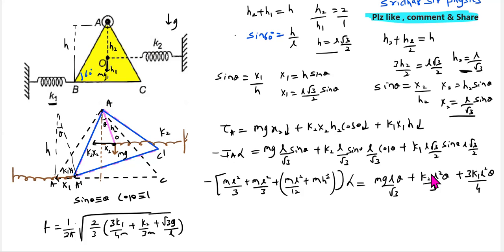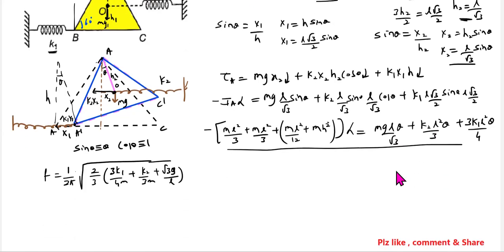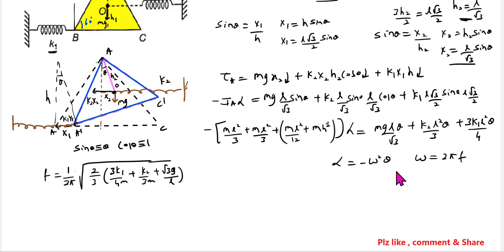This will be your final answer. We have to simplify all this and we'll get alpha. Then again, what we should do is equate this condition. Let alpha equal to minus omega square theta. We'll get omega, and omega equals 2 pi f. Solving, we'll get this as our answer.